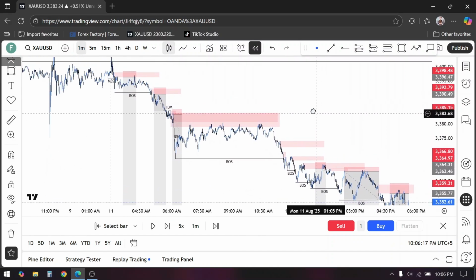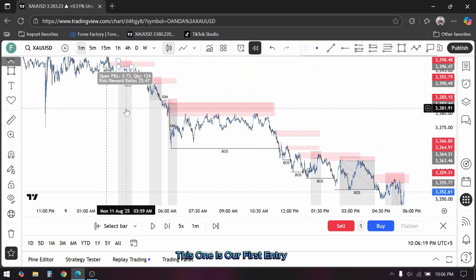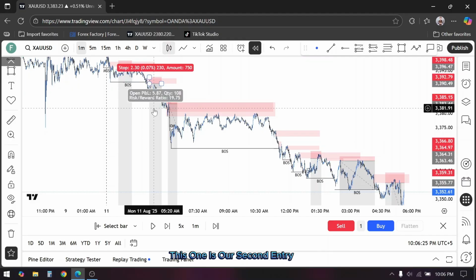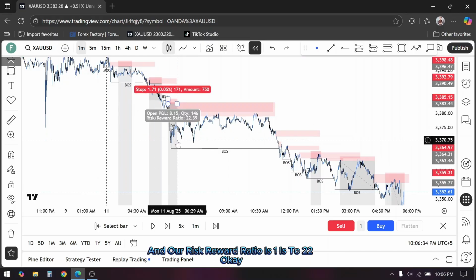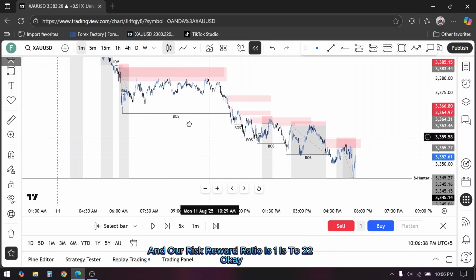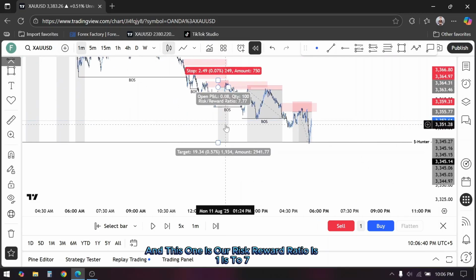So this one is our first entry and our risk reward ratio is 1 is to 25. This one is our second entry and our risk reward ratio is 1 is to 19. This is our third entry and our risk reward ratio is 1 is to 22. Okay, and this one is our risk reward ratio is 1 is to 7.